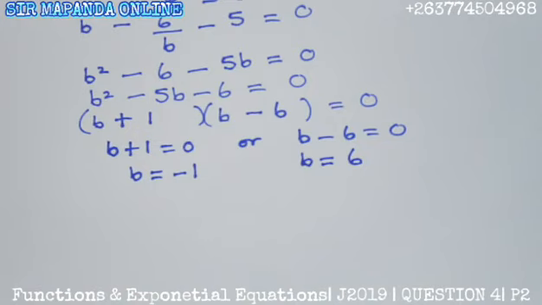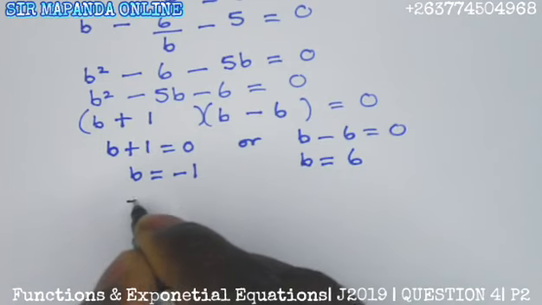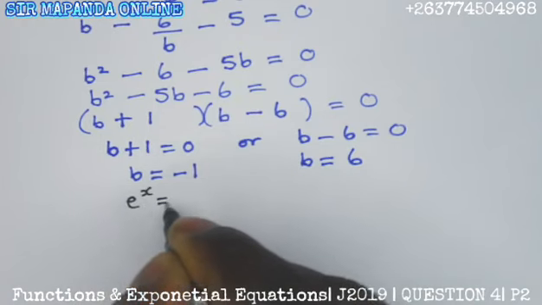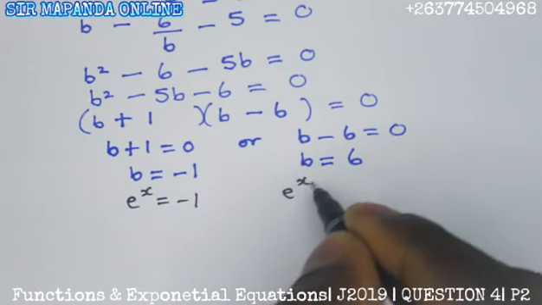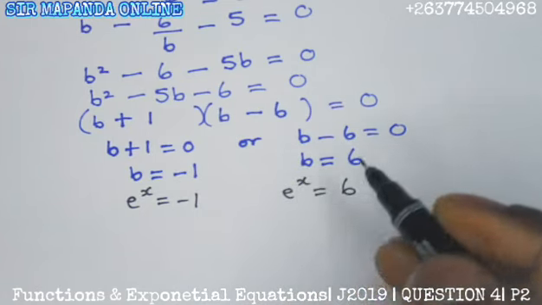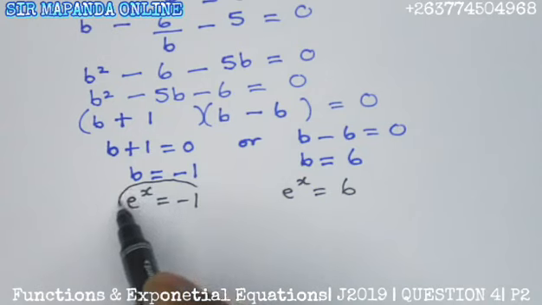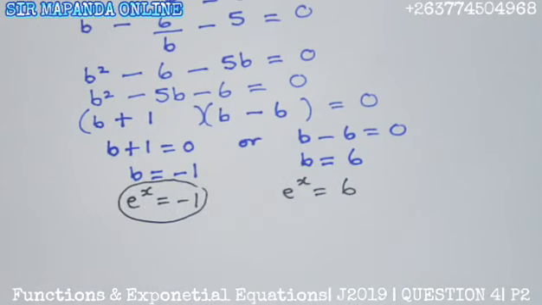Right. So substituting e to the power of x for b, you get e to the power of x is equals to minus 1. Here you get e to the power of x is equals to 6. But the first one becomes invalid. Why? Because if you try to take ln of both sides, there is no ln of minus 1. So the solution comes from the right side.